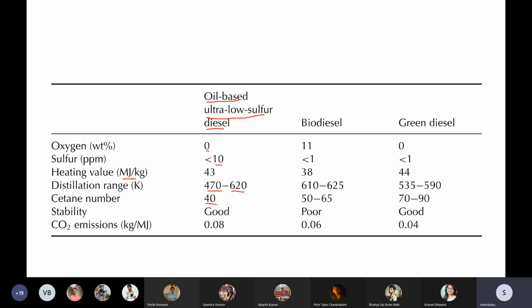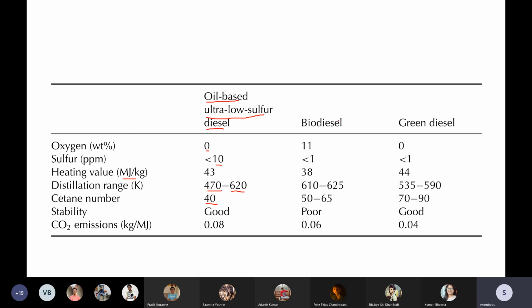The diesel performance is expressed by the cetane number, then CO2 emissions and stability.